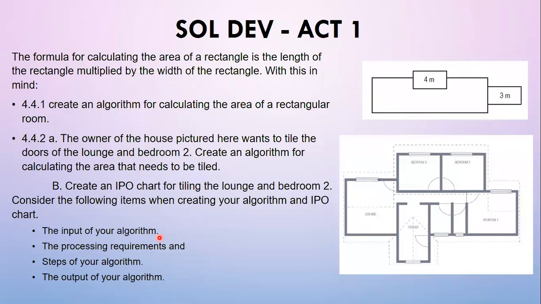Step 1, what is my input? Step 2, what processing must occur? Step 3, write out the steps for the algorithm, either with a pseudocode or a trace table or a flowchart.